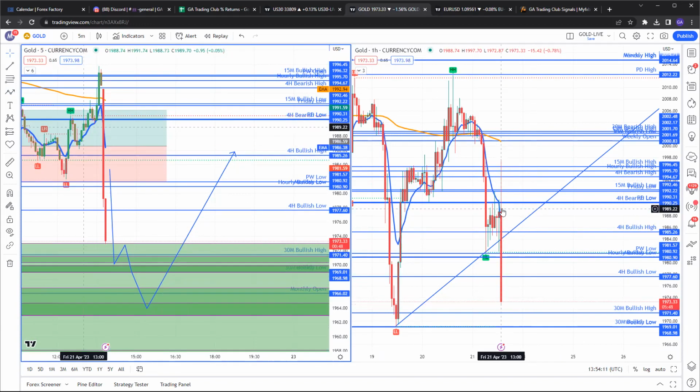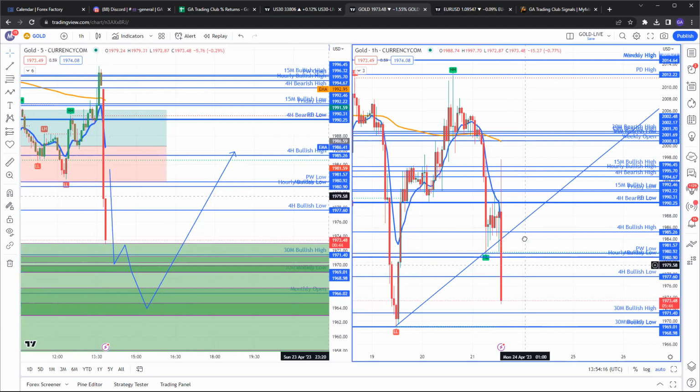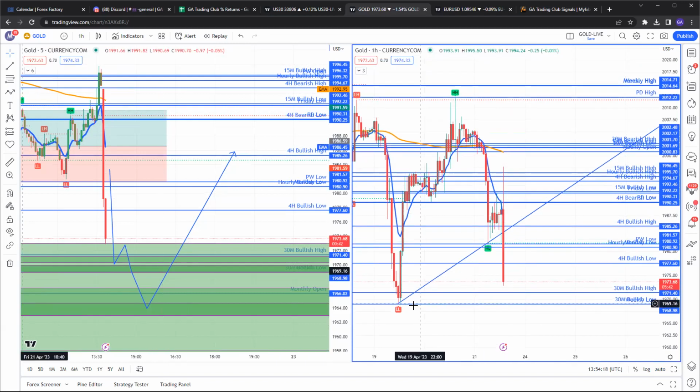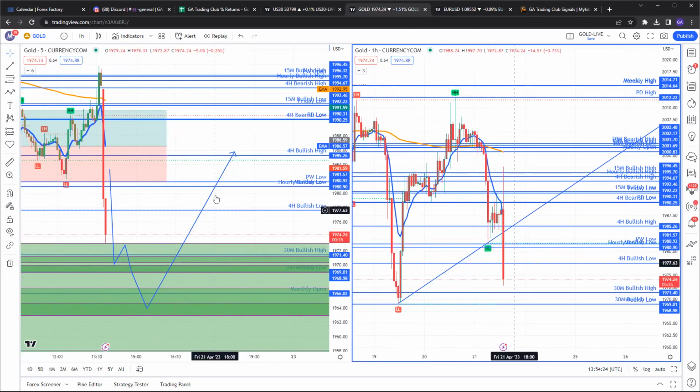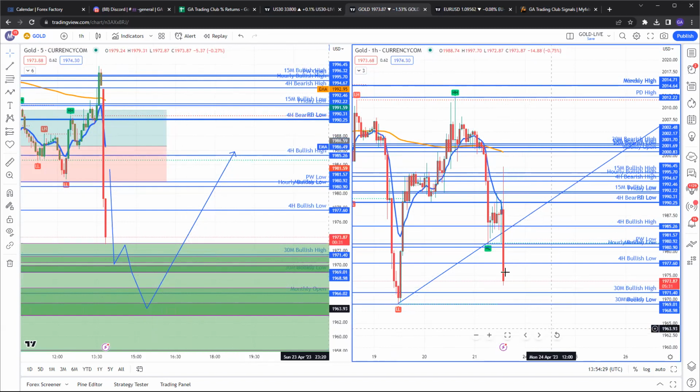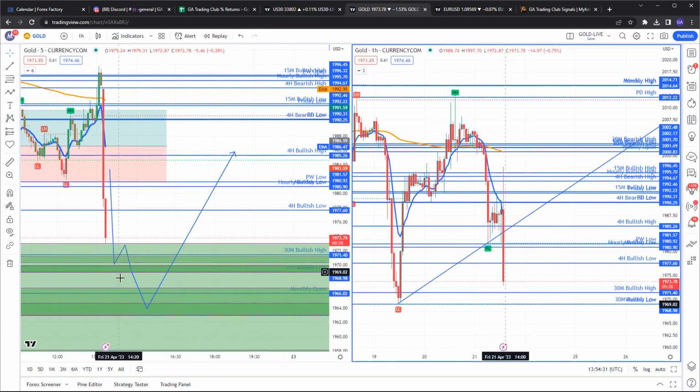So this trend line, if this candle closes still as a heavily bearish candle on the hourly, expect this trend line to be retested because it's a static trend line from a lower low to a higher low. So either way, gold should come back up to retest the trend line and possibly reverse to the downside, or gold will pick up liquidity and close this hourly candle as a bullish candle, in which case we would have to wait for the next candle to close for us to look for any opportunity.